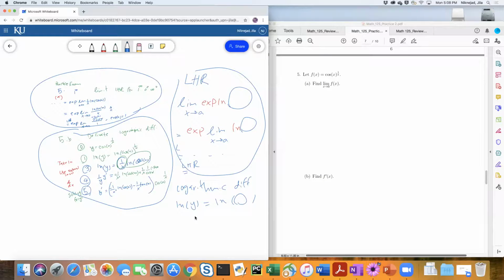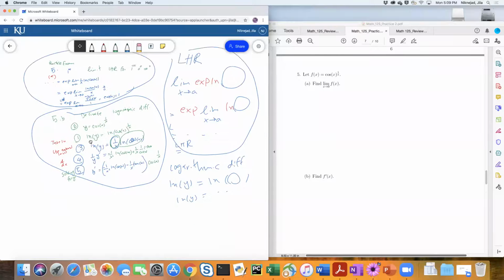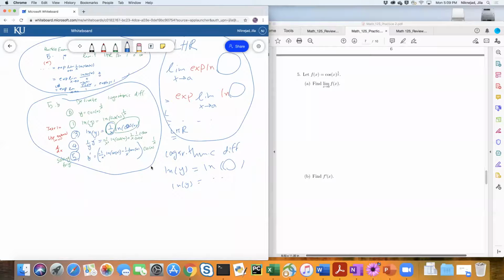Then you simplify, however that is. Then you take the derivative. You end up with something like a product rule or quotient rule on the right-hand side, then you solve for y.